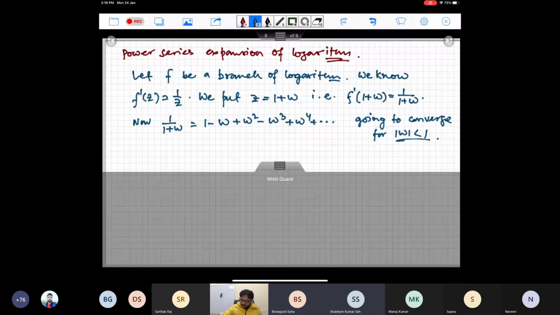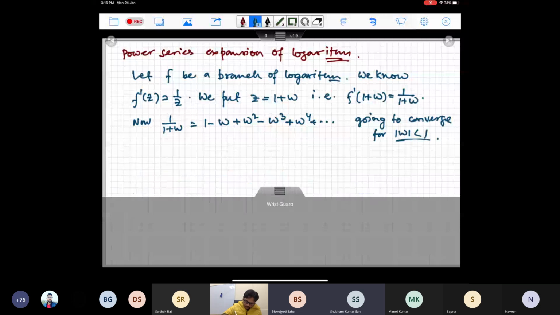Okay, so I am going to have this, and this is going to make sense for mod w less than 1. Fine, do you all agree to this? Yes. Yes, sir. Great.